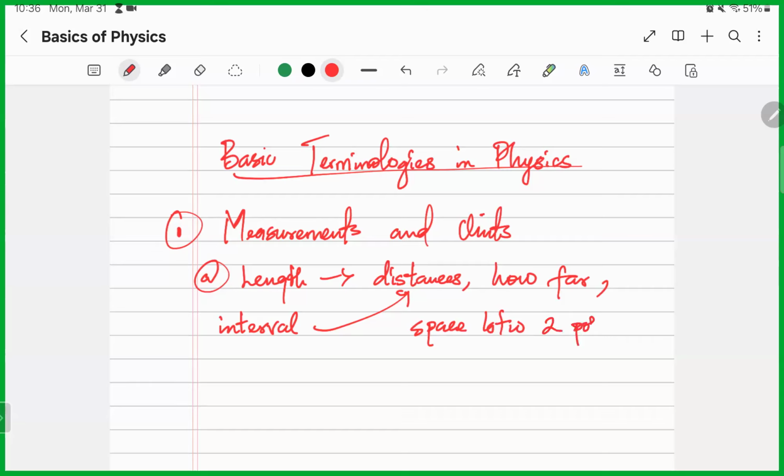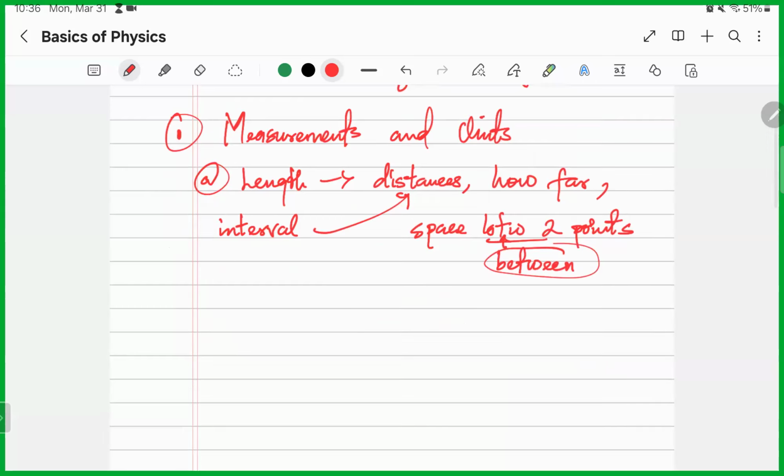I'm abbreviating here; this represents between. So please, you can take note of some of the shorthand I will be using. This represents between.